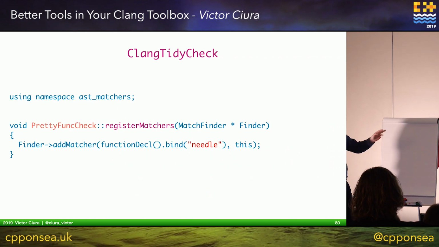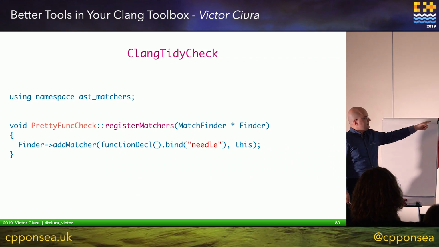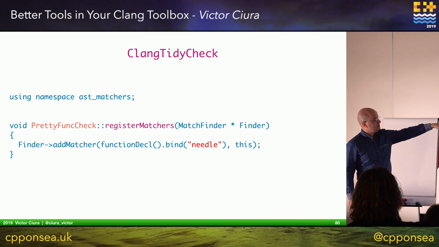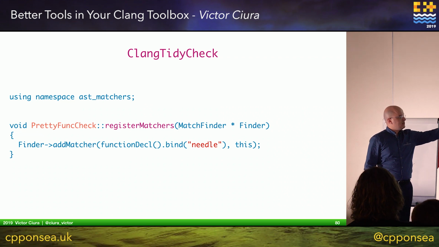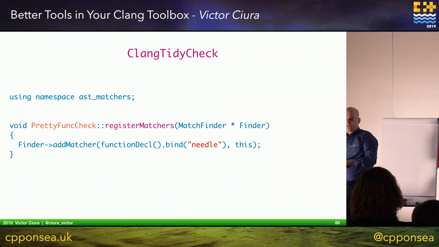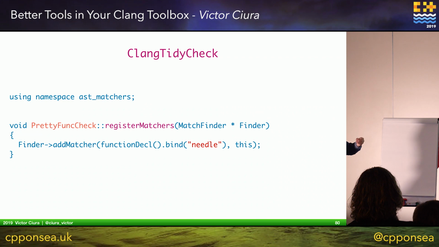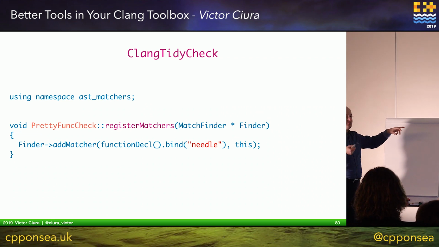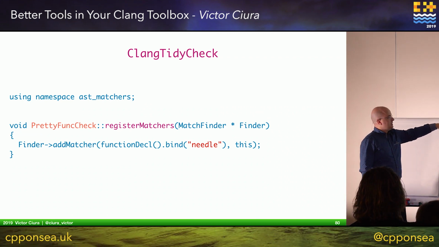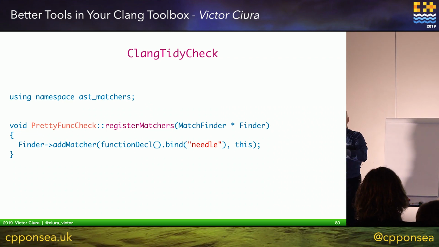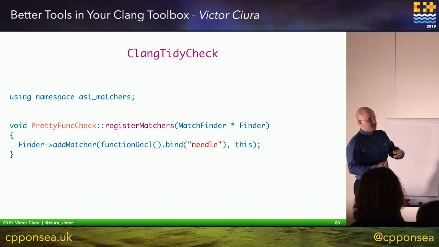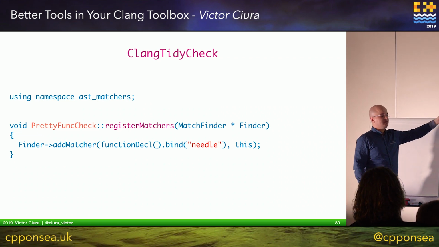As I said, if you're working on a preprocessor level, there's a different register method. So, for example, here I'm adding a matcher for a function declaration. And this is all I'm interested in, function declarations. And I'm giving it an identifier, so I can later in the check function make sure this is the one I defined, because you can define multiple matchers. So you might be interested in different kinds of things and then deal with them independently in the check function. So that needle is just an ID that I give this matching predicate.